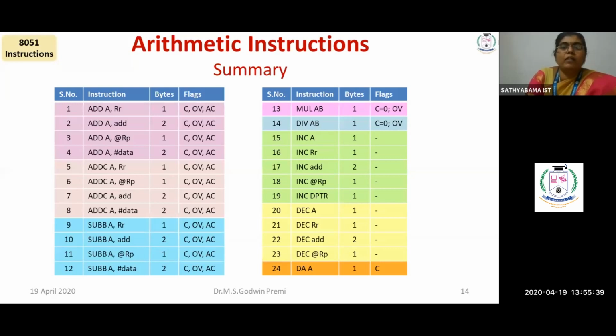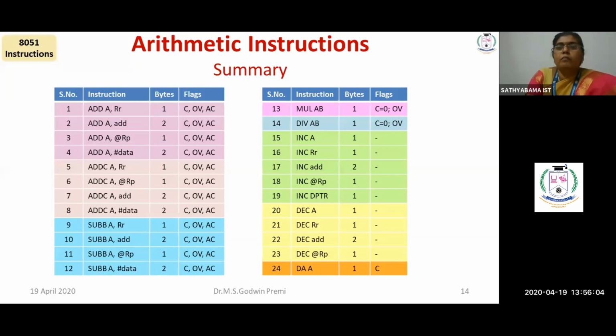Just have a look, ADD A comma direct memory address. This address we have to give either as 40 or 50, 60. So we will get 2 bytes because for the mnemonic itself 1 byte, and for this direct memory address or the immediate data, 1 more byte. So we will get totally 2 bytes. Same thing here also.